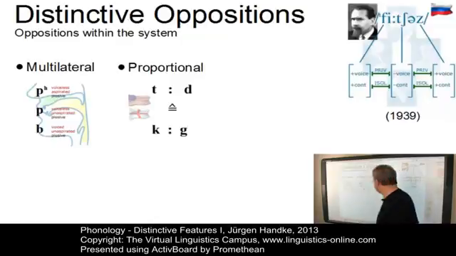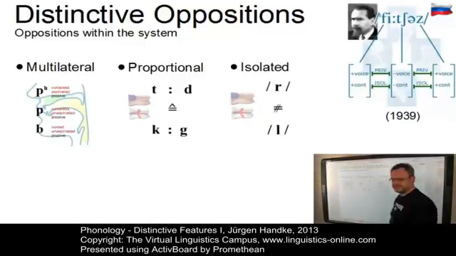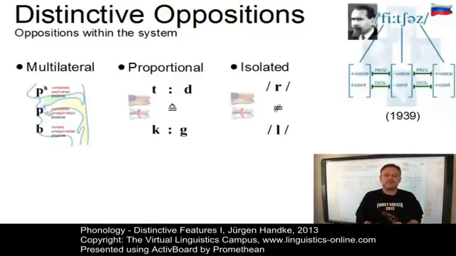An opposition can be defined as isolated if no other segments stand in the same relation in the language. For example, the opposition between an alveolar approximant and an alveolar lateral consonant in English is isolated since no other segments stand in the same opposition.